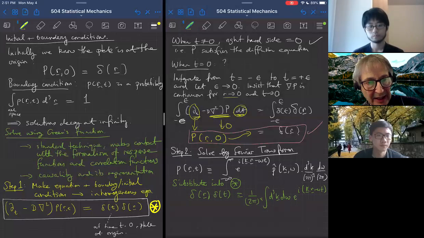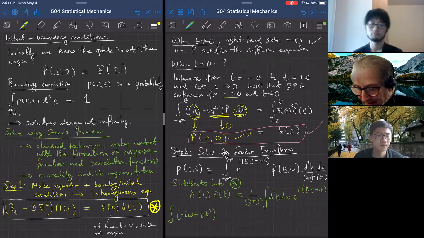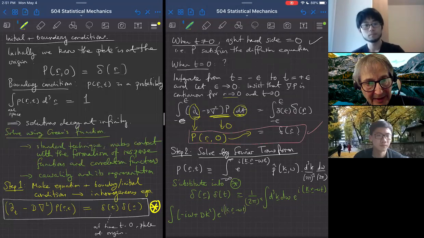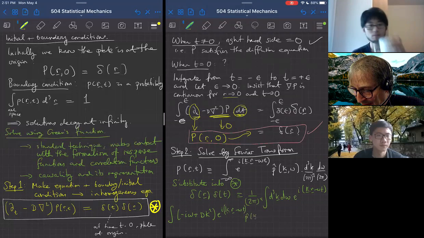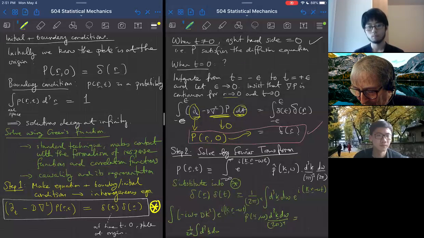And so what I get is the integral of minus i omega plus D k squared, times e to the i k dot r minus omega t, p hat of k and omega, d3k d omega over 2 pi to the fourth, is equal to the integral d3k d omega, 1 over 2 pi to the fourth.